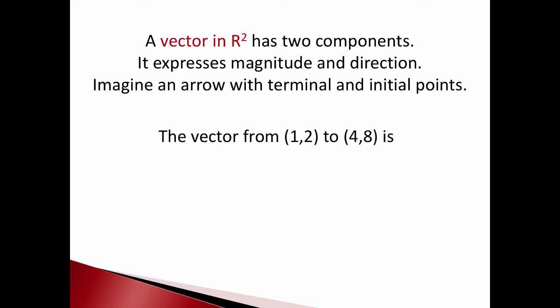For example, you might have a vector that points from one point, say (1, 2), to another point, say (4, 8). And you might draw a picture where we've labeled the two points in the plane this way, and we have an arrow that goes from one to the other, and that's the vector. That will take us from the point (1, 2) over to the point (4, 8).